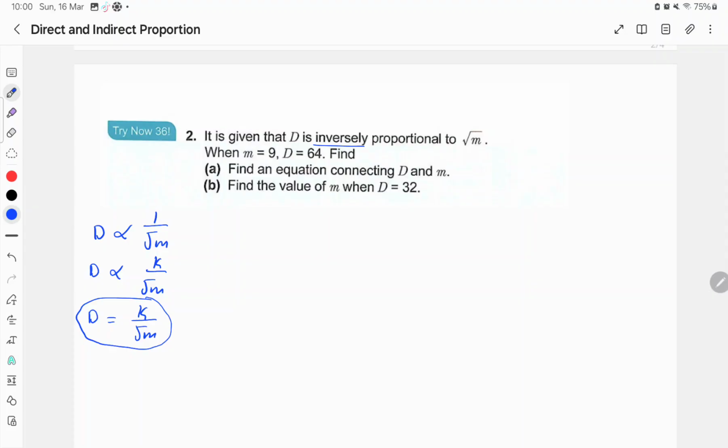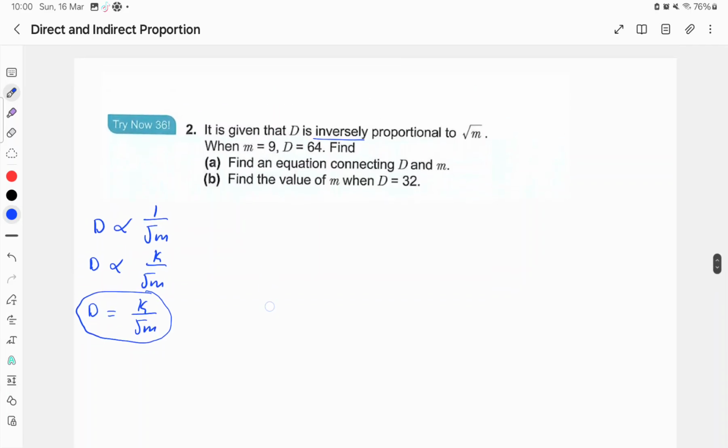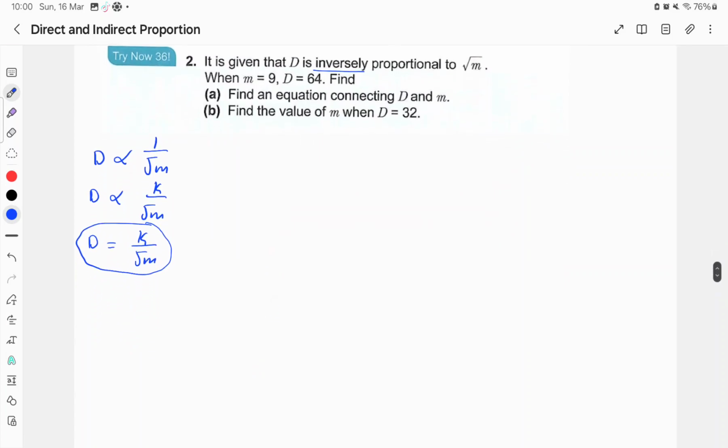Okay, but now we have D. Then it says that when D is 64, M is equal to 9. So when D is 64, over the square root of 9.